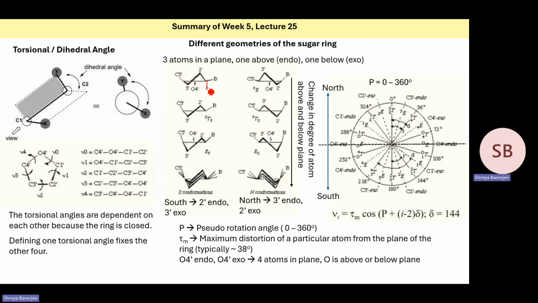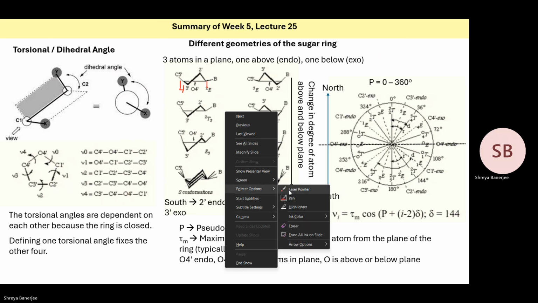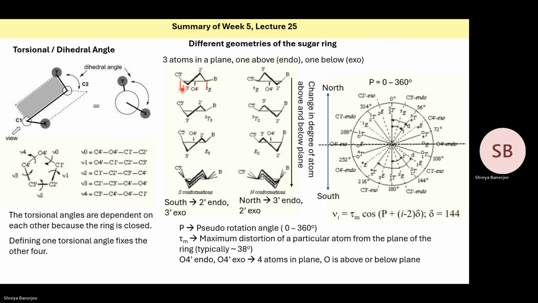This is C1', O is shown here, and this is C4'. These three are in the plane, and C2' is above the plane, C3' is below the plane. So C2' and C3' are distorted from the plane, and the maximum distortion is referred to as tau m.